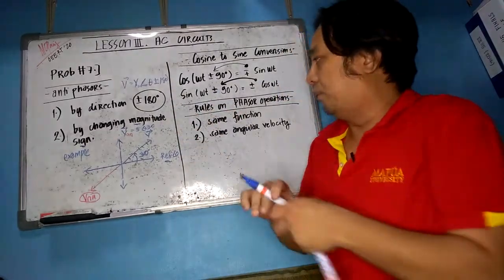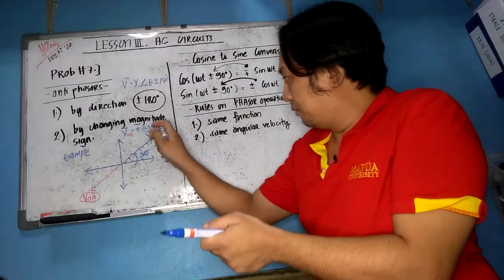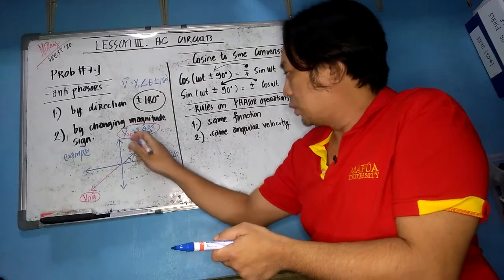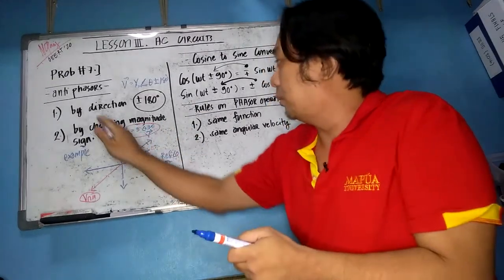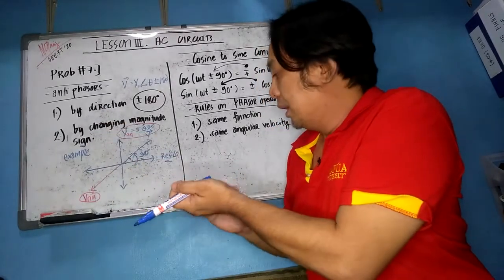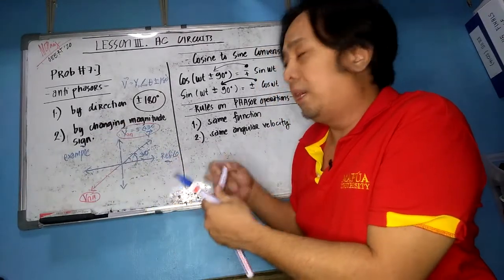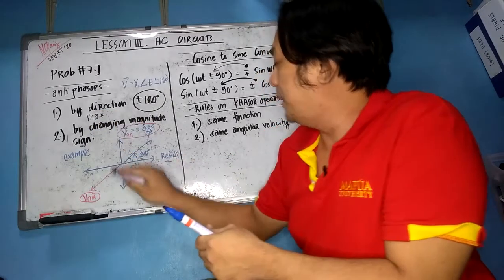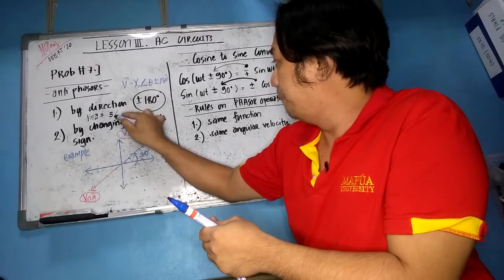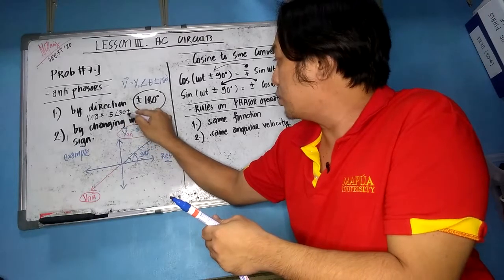Let's solve an example. What is the VNA, or the antiphasor, of this vector? If you use solution number 1, by direction, the answer for VNA is simply 5 bar angle 30 plus or minus 180.